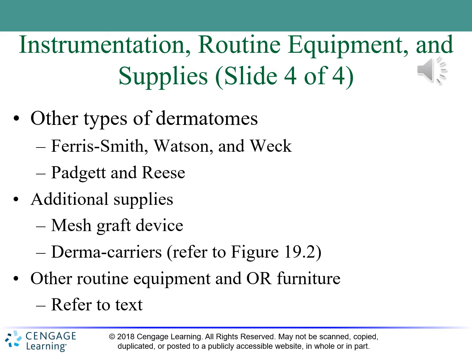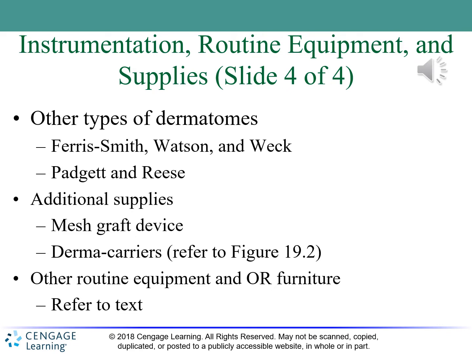All right. So looking on 726, it's a continuation of that table for the rhinoplasty set, but right above in the second column where it says other types of dermatomes, that little paragraph before, make sure that you know that first sentence. In addition to the dermatome, the surgeon may desire lubricant such as sterile mineral oil for the patient's skin. 100% of the time I've seen dermatomes used, it's always being accompanied with the mineral oil.